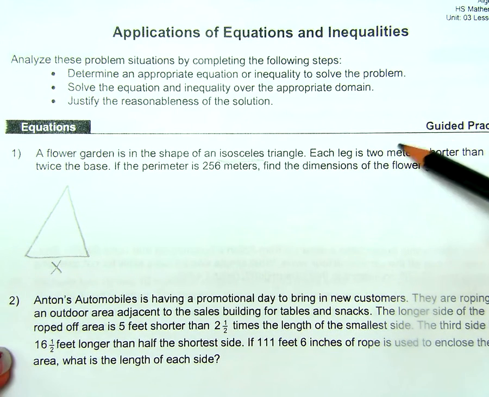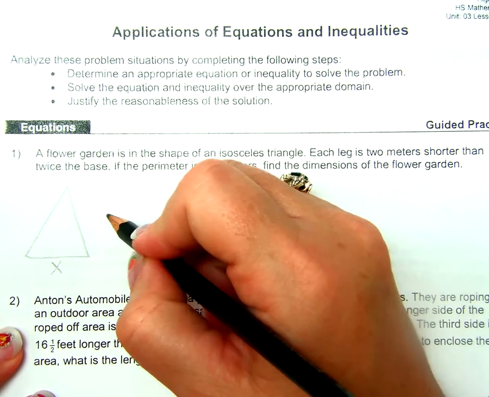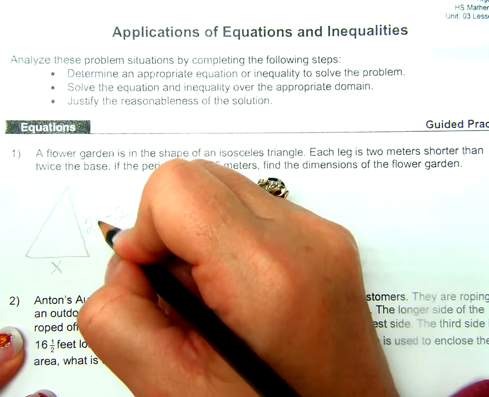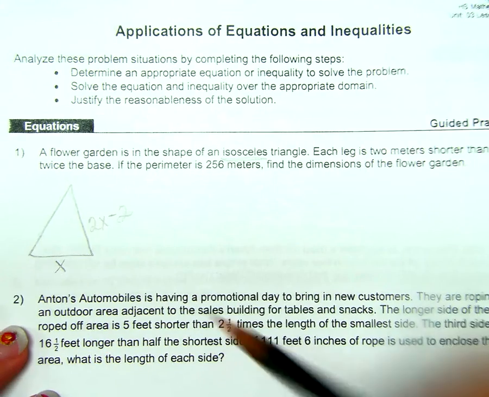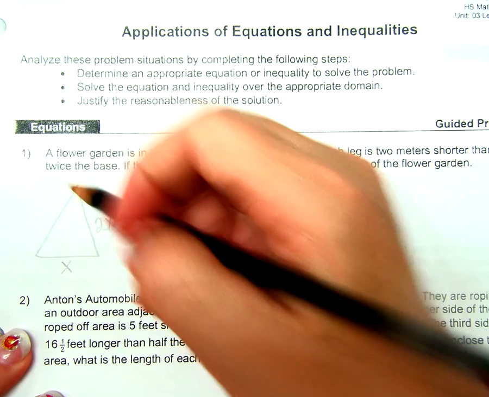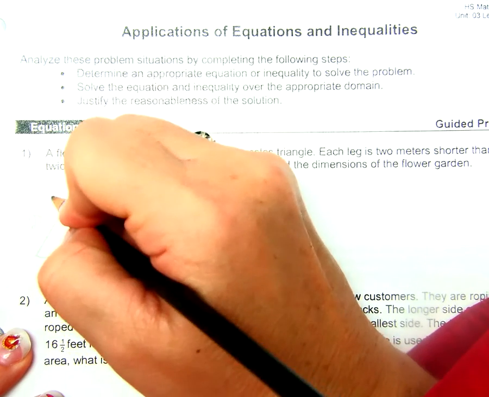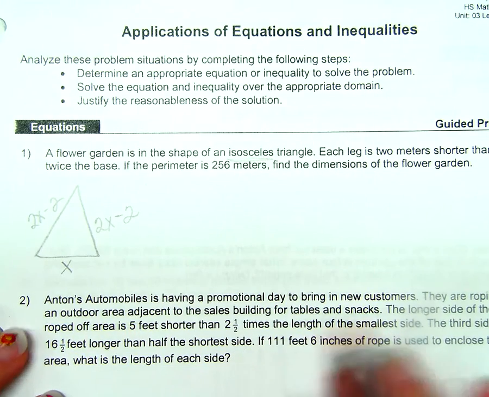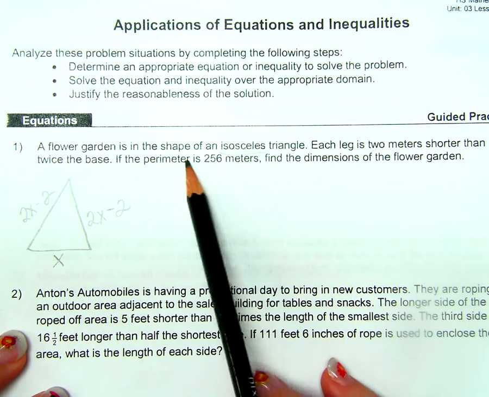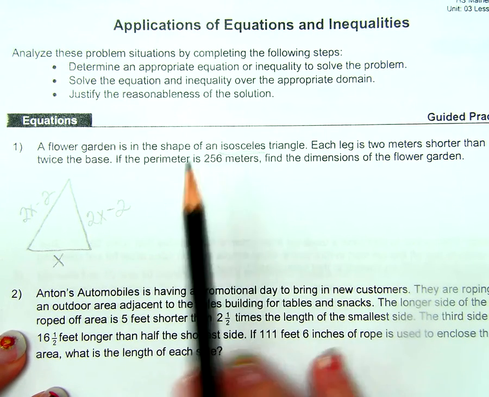Each leg is 2 meters shorter than twice the base. So this leg is 2 meters shorter than twice the base. If this leg is 2x minus 2, how long is this leg? 2x minus 2. Then what do we know? The perimeter is 256 meters.